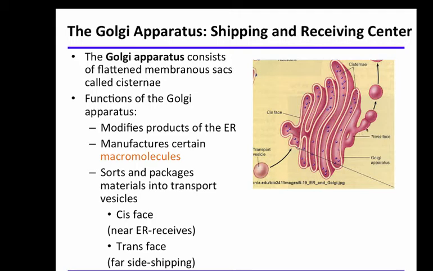And then once it's ready, these proteins that are now inside these transport vesicles will then go to their destination. Their destination could be another plasma membrane. Their destination could actually be to come back to the Golgi and become part of the Golgi's membrane.